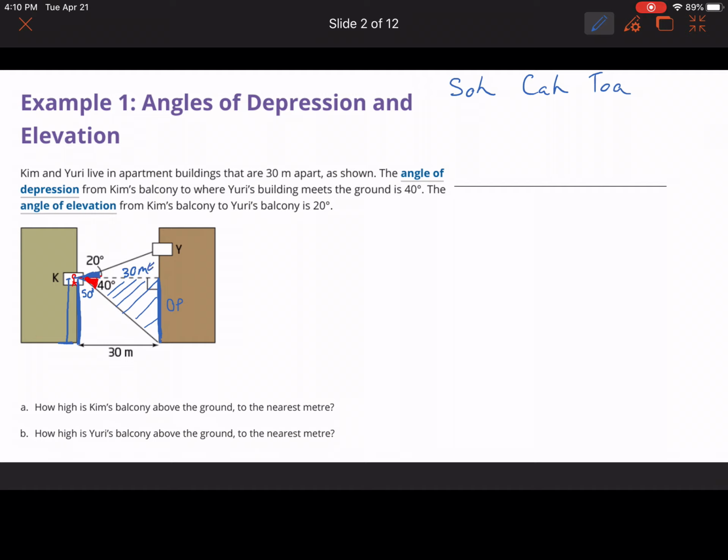So I know I'm going to do tangent of 40 degrees equals opposite, which is what I'm missing, over adjacent, which is my 30. So to solve that, I need to bring that 30 over here and put this into my calculator, which gives me an opposite side of 25.17.